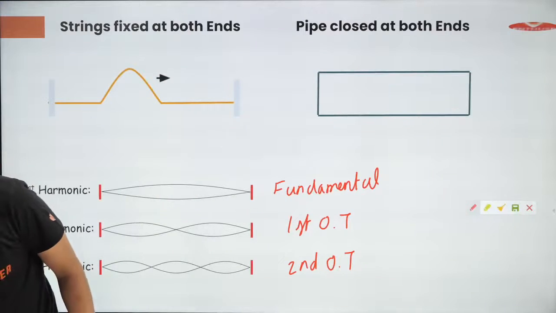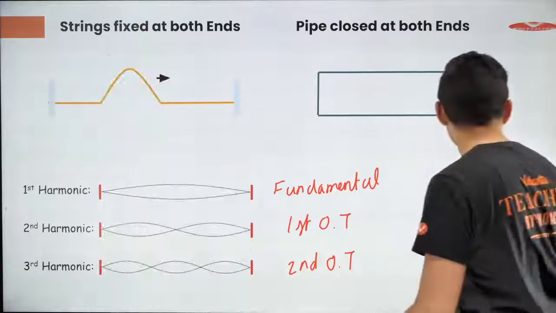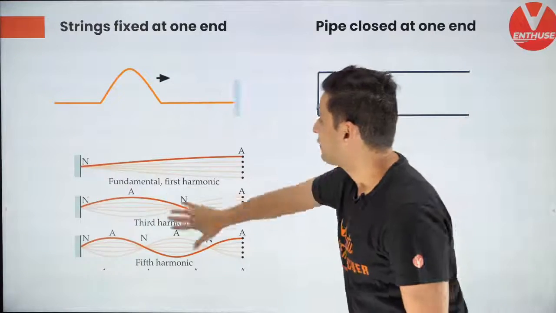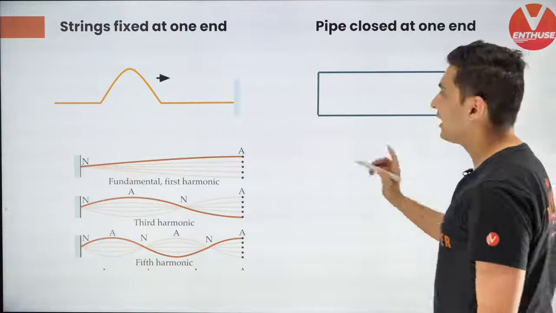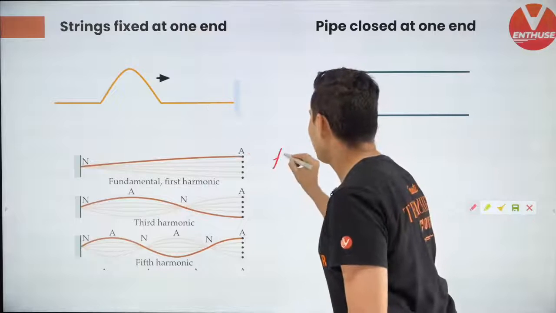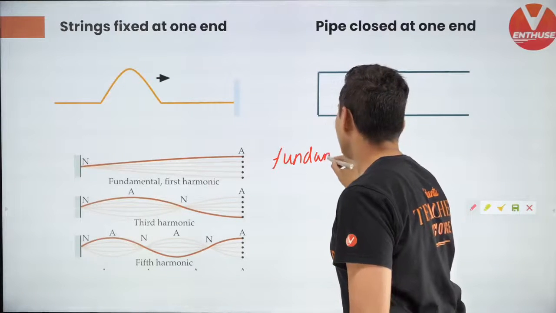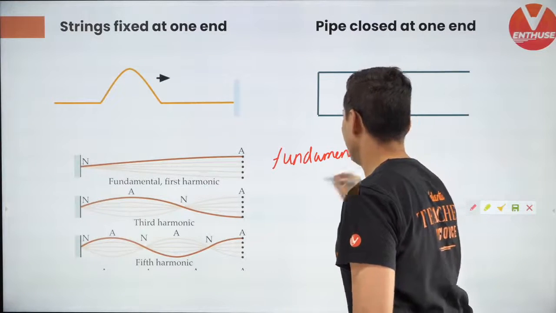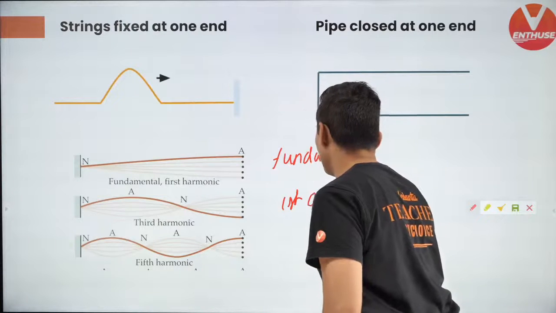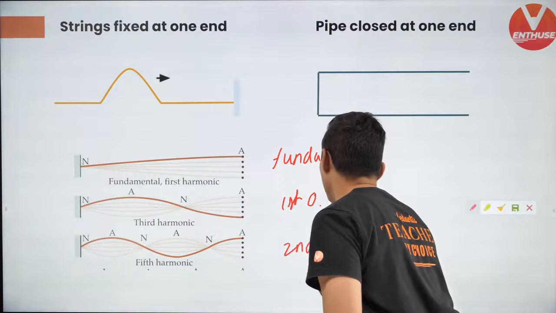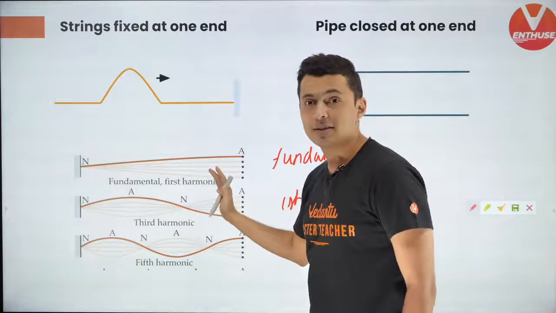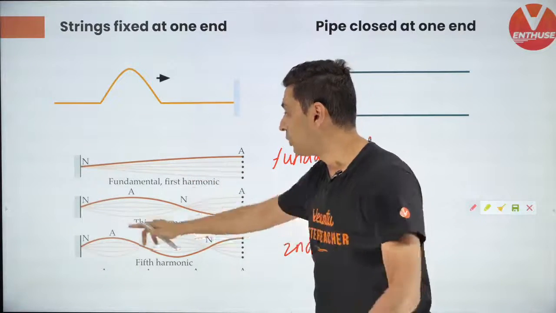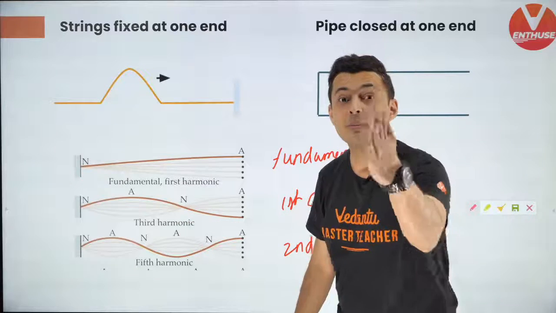But remember one thing, when the string is fixed at one end, you need to be a little bit careful, because if this is fundamental, this is first overtone, this is second overtone, but after the fundamental or the first harmonic, you do not get the second harmonic, you get the third harmonic.